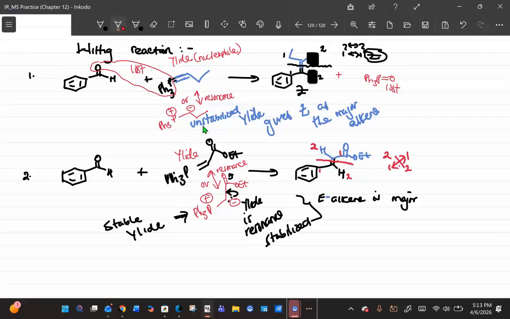They are opposite. And then how do I know when I have a stabilized ylide? You see exactly what I did here. I should draw the resonance structure of them to see them, or you'll have an electron withdrawing group, or this is conjugated, you can see. So if you have a double bond, if they don't give you the lone pair and the plus charge, the negative and the plus charge, no, it's conjugated.